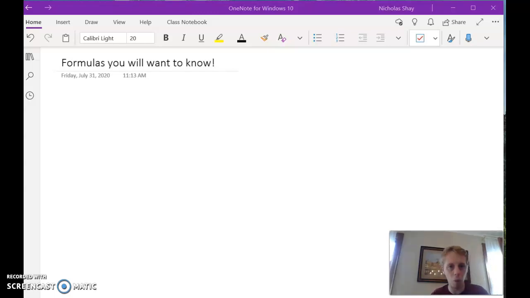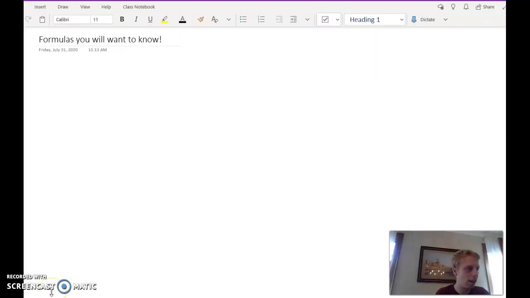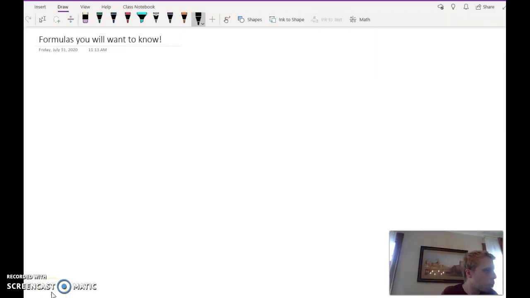One that we're definitely going to want to take a look at is working with linear equations, how you find the slope. So remember, to find the slope of a line, it's y2 minus y1 over x2 minus x1.